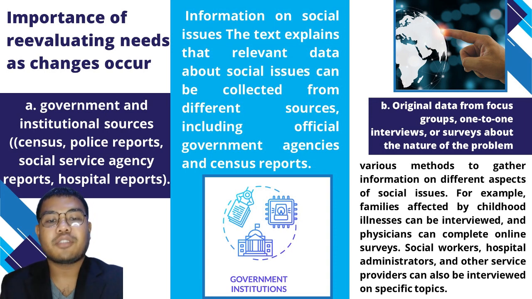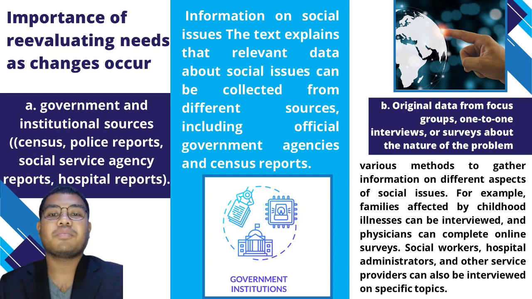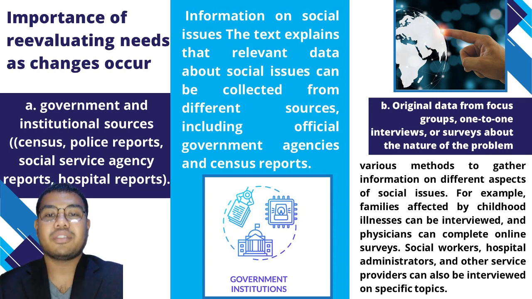It's very important to re-evaluate since from the census you can determine, for example, the malnutrition cases, and from the police reports. In the social service agency you can determine the needs of your targeted people. As well as the hospital reports, where the illnesses and diseases present in that area are listed, by that you are able to respond or take actions for it.